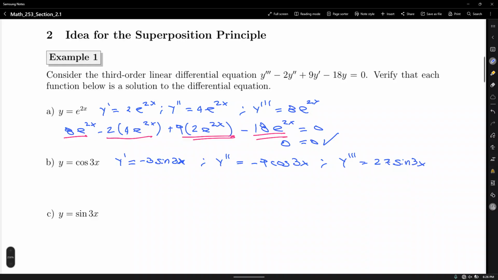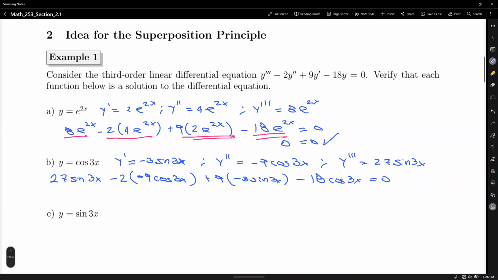The third derivative, which is 27 sine 3x, minus 2 times the second derivative, which is negative 9 cosine 3x, plus 9 times y prime, which is negative 3 sine 3x, and minus 18 times the original function, which is cosine 3x. Hopefully that equals 0.